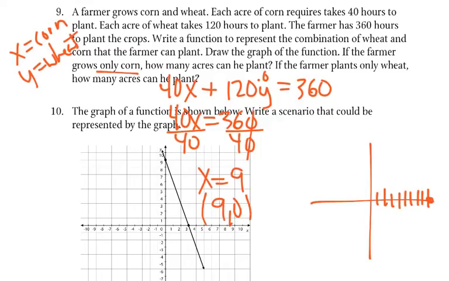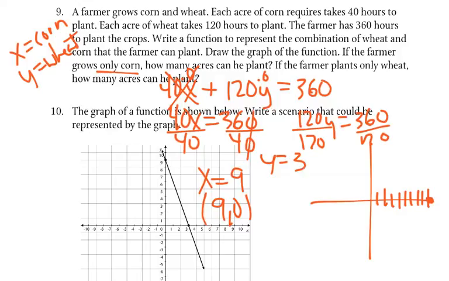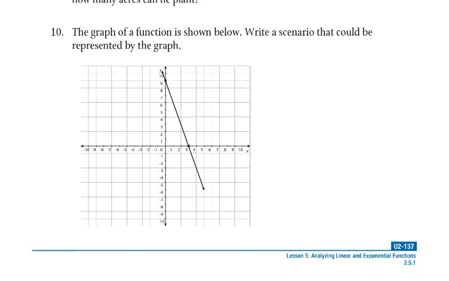Then for y, we'd make the x 0, and that would eliminate, so we're left with 120y equals 360. Divide by 120, and we'd get y equals 3. So we can do 3 acres of the wheat. So there's our Y-intercept (0, 3). And we graph the points. And there's our linear.